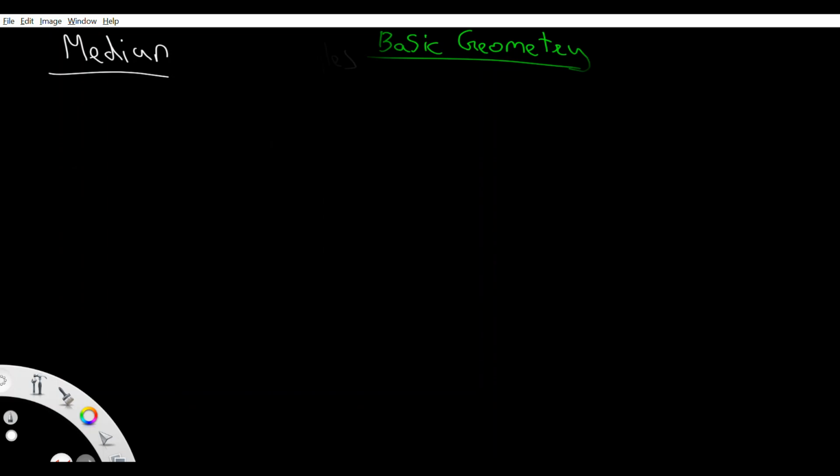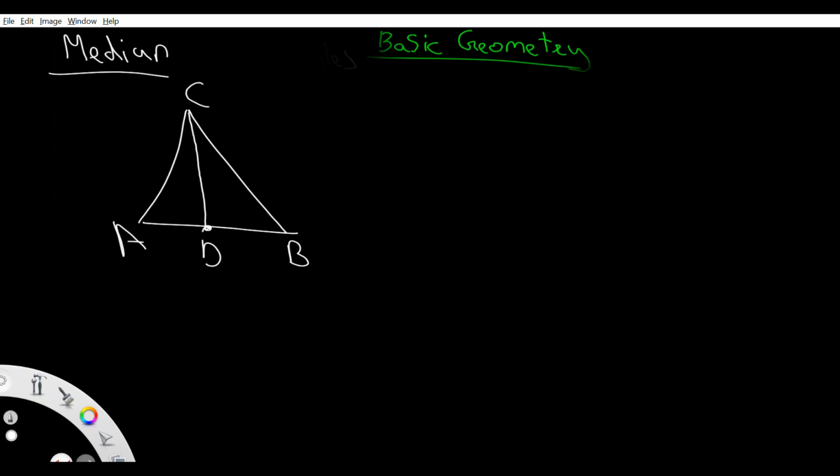Now let's look at something called a median. To understand this concept, let's draw a triangle. Let's call this A, B, C. And let's have a line that goes from C to a point on AB and name this D. In this case, CD is the median.